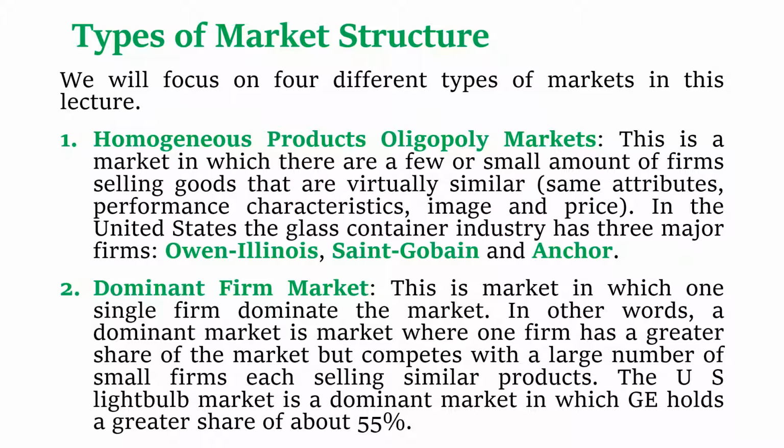Even though some other firms produce light bulbs, GE sells about 55 to 60% of all light bulbs consumed in the United States. So it is the dominant firm in the US light bulb market.